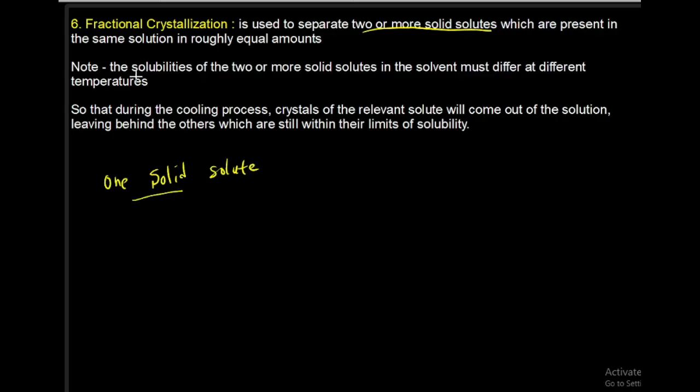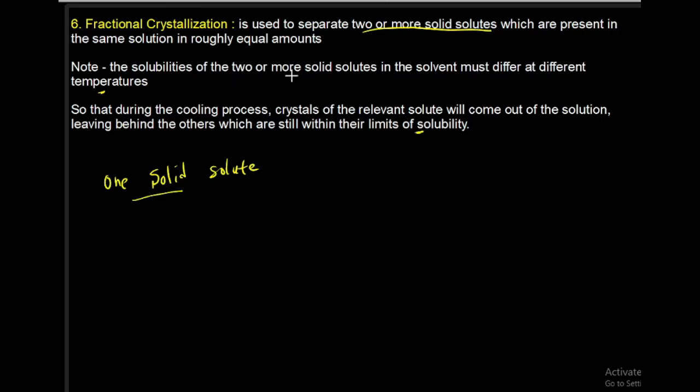Now, note the solubilities of the two or more solid solutes in the solvent must differ at different temperatures, so that during the cooling process, crystals of the relevant solute will come out of the solution, leaving behind the others which are still within the limits of solubility.